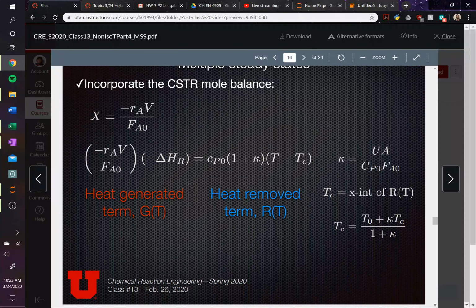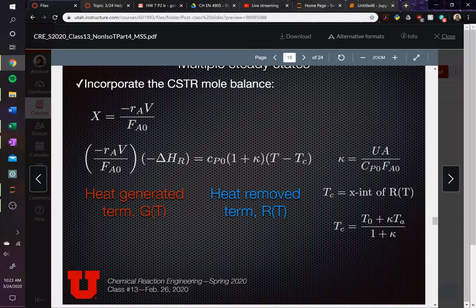If we pick a steady state, let's go with the one on the bottom there, and slightly increase the temperature, let's say to 320, we can see that our linear line, the heat removed, is greater than the heat generated line, indicating that that is a stable steady state, because we're removing more heat than we're generating, and we're able to maintain the temperature of the reactor.